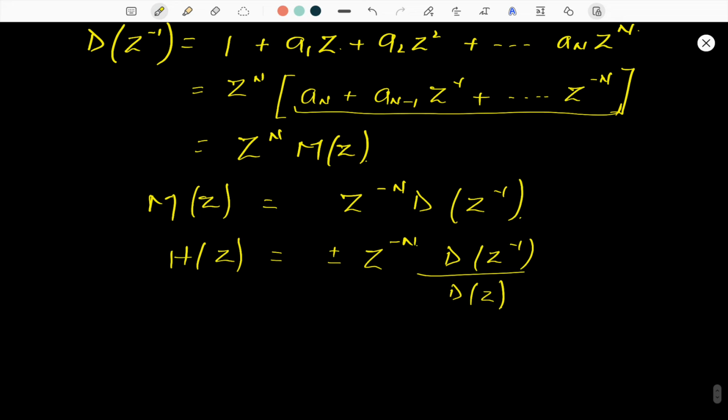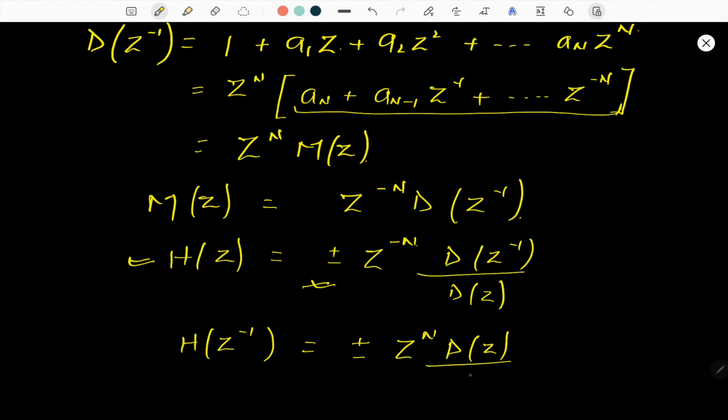And H(z inverse) will become, this is simply a transfer function, output upon input, so the inverse of this will give us plus minus z to the power n D(z) upon D(z inverse).